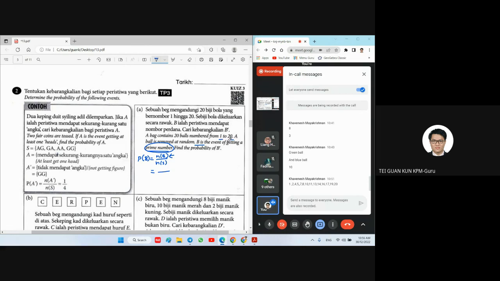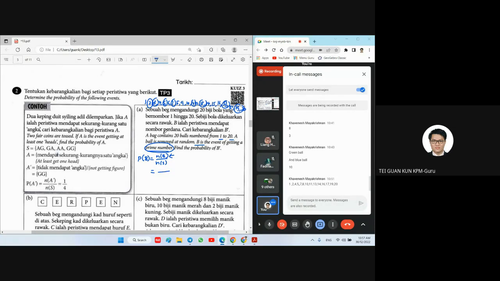How many prime numbers are there? 1, 2, 3, 4, 5, 6, 7, 8, 9, 10, 11, 12, 13, 14, 15, 16, 17, 18, 19, 20. From 1 to 20, how many prime numbers? What are the prime numbers? Prime number means it can only be divided by one and itself, right? It has only 2 factors. So, what are the prime numbers? Can you read them? 2, 3, 5, 7, 11, 12, 13, 19.